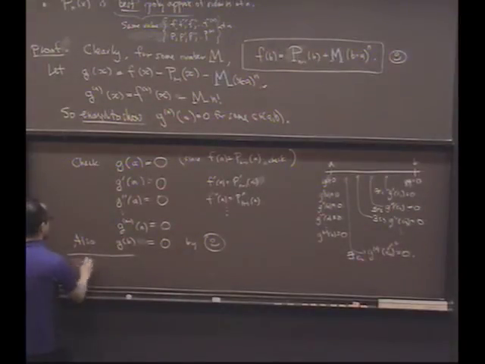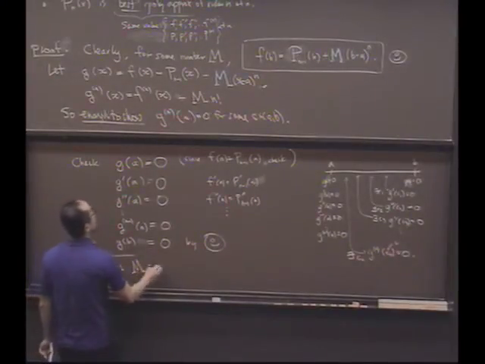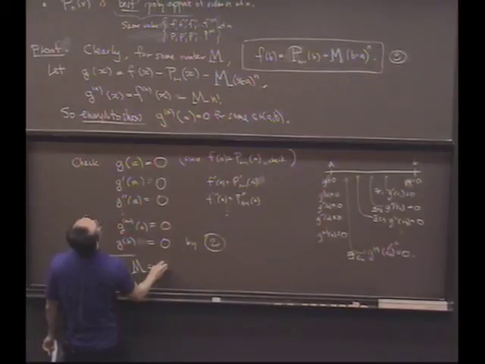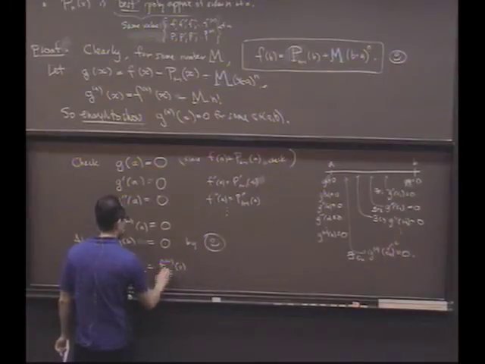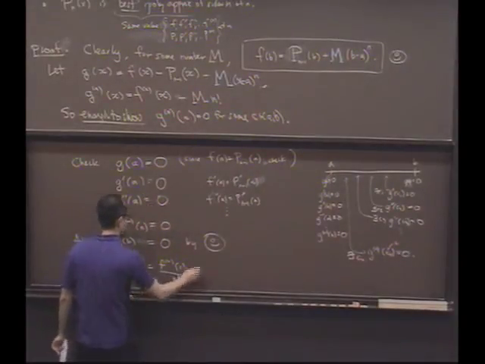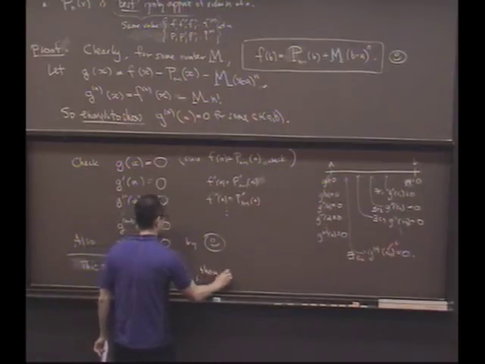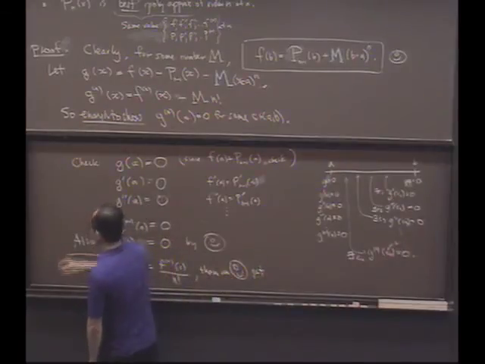This shows m is, in fact, f^(n) of c over n factorial. Then in the starred equation, we get the result.